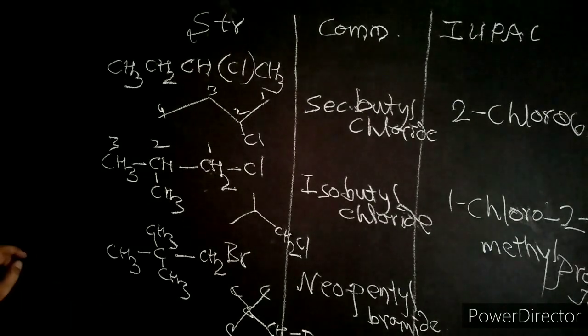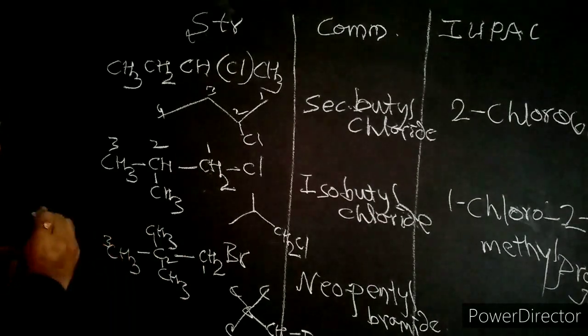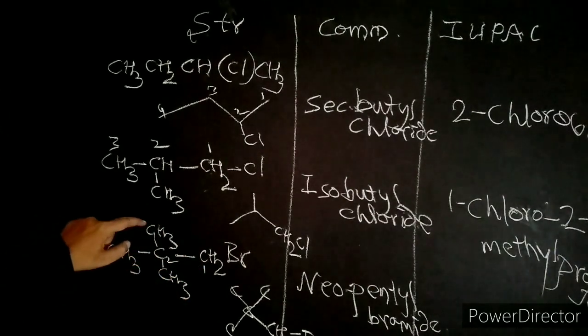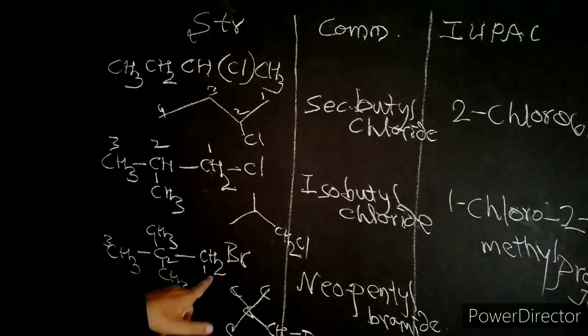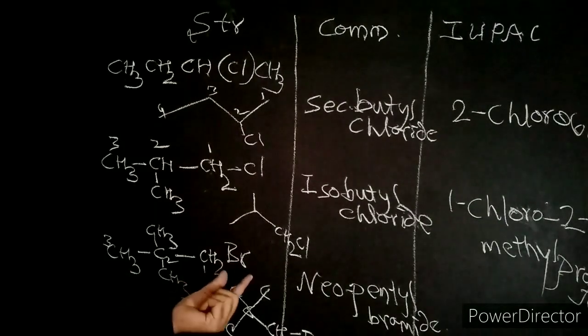Then the IUPAC name: the longest chain is 1, 2, 3. On the second carbon atom, there are 2 methyl groups, and on the first carbon atom, there is 1 bromine. According to alphabetical order, bromine comes first.